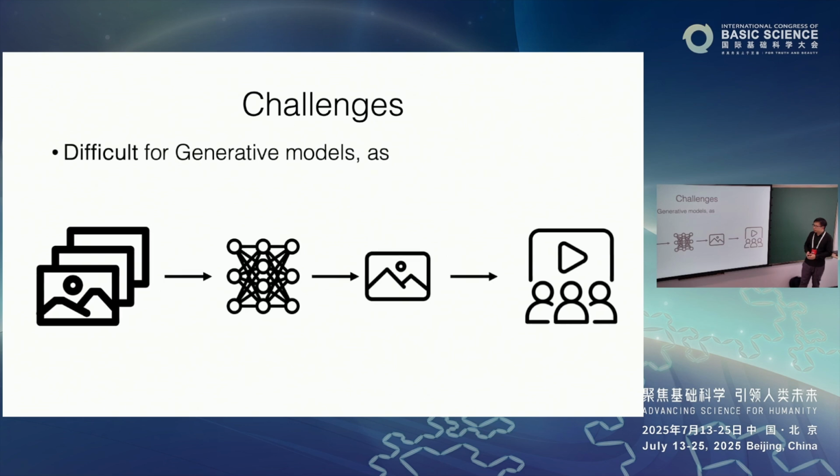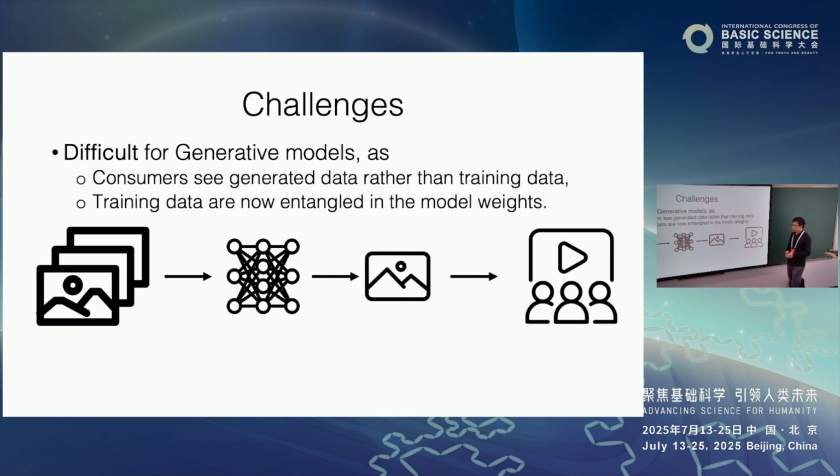But now things become very complicated because we have generative models. The generative models were trained on billions of user images and generate a test image. And it's the test image that is being consumed by the consumers. The test image, the generative video, might go viral and become popular. The training data was not seen by the consumer directly.